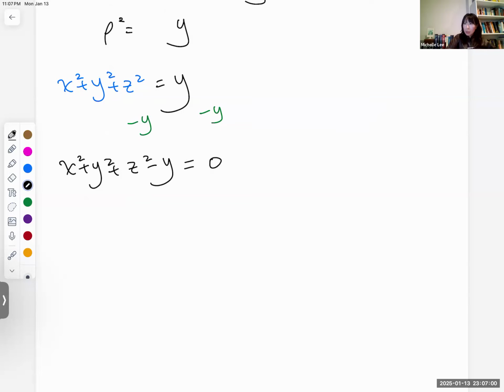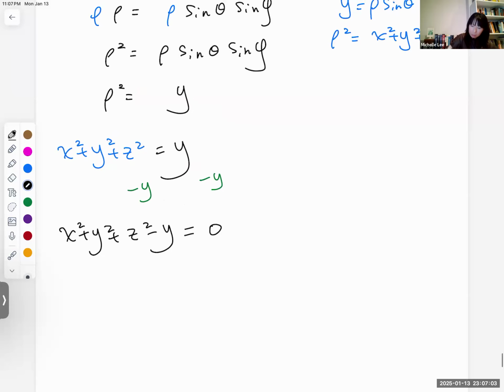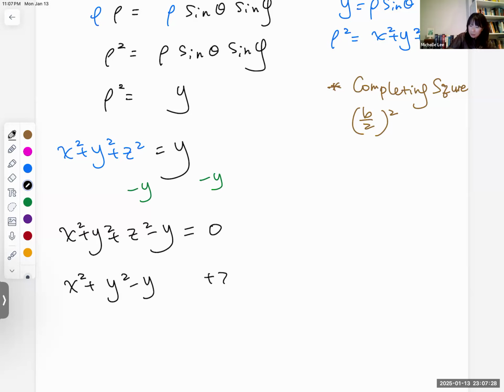Let's complete the square. Yeah, so how do you complete the square? We take b over 2 squared, right? So in that case, we want to complete the square with respect to y. So let's write x squared plus y squared minus y plus z squared equal to 0, right? Okay, so then b will be -1.